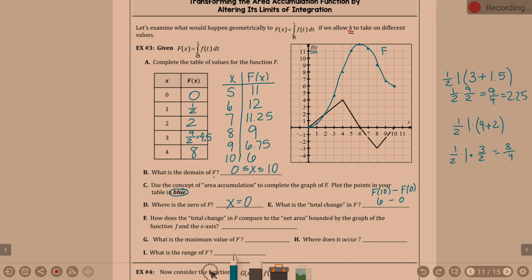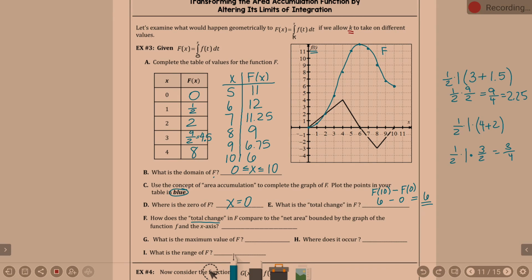How does the total change in f compare to the net area bounded by the graph of the function f and the x-axis? So total change is what we just found to be 6. Net area.